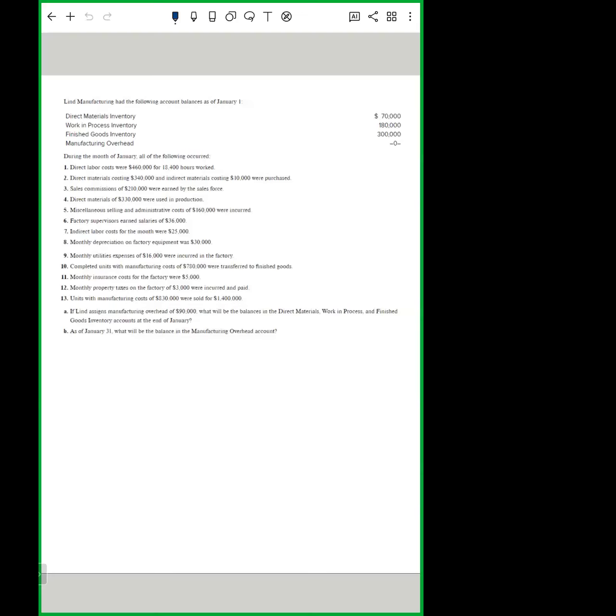Okay, so what we need to do is start with the direct materials inventory. And the problem says that our opening balance is $70,000. So that's our opening balance. And then it says direct materials costing $340 were used. So we're going to add that in.